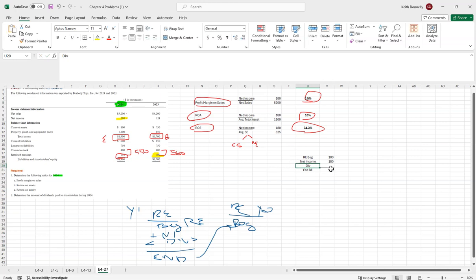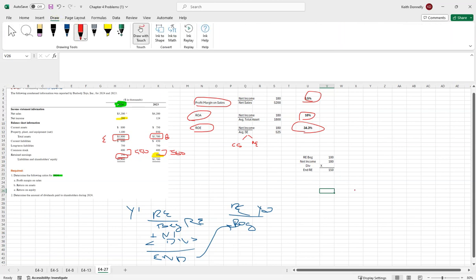They want to know what our dividends are, so we're solving for X. It's a little bit of math: 100 plus 180 minus X equals 150. Run the numbers on that, and X is going to be 130. If you did 100 plus 180 minus 130, that gets you to the 150 there.